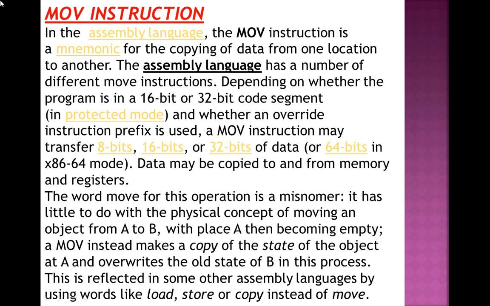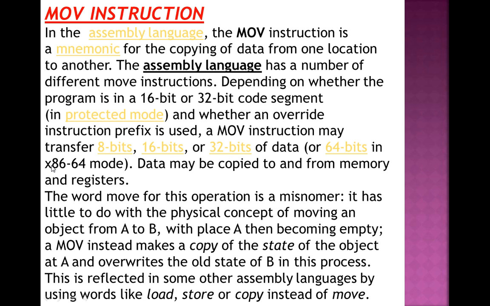A move instruction may transfer data from one register to another register, and it stores either 8-bit, 16-bit, 32-bit or 64-bit data if there is an x86-64 mode. If it is IA32 assembly, then it can store 8 bits, 16 bits or 32 bits.